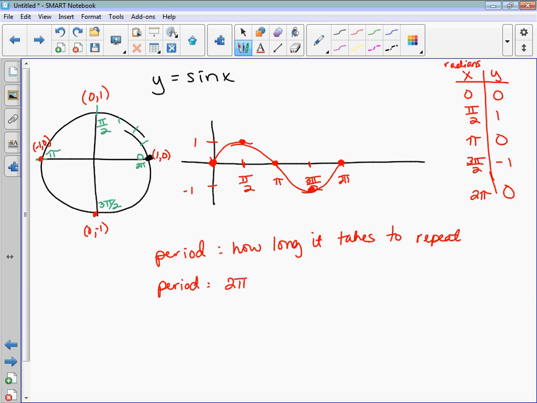That's why we start making this table, just to kind of help you think about what you're doing.